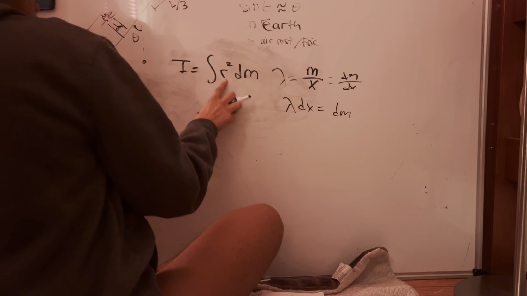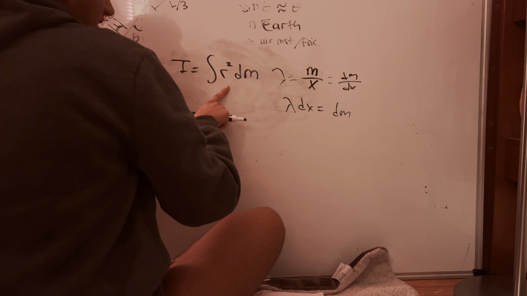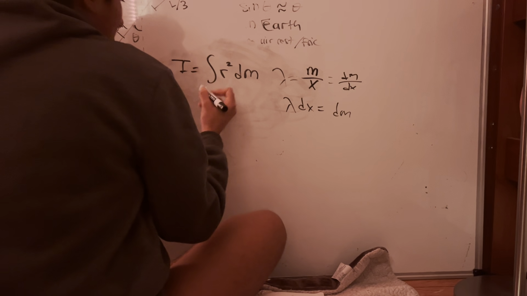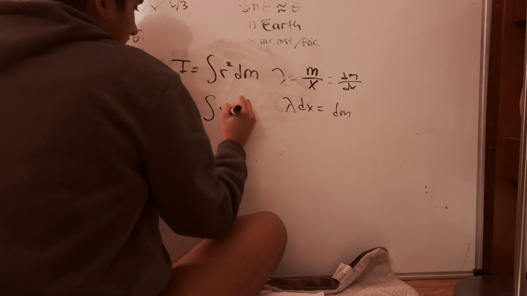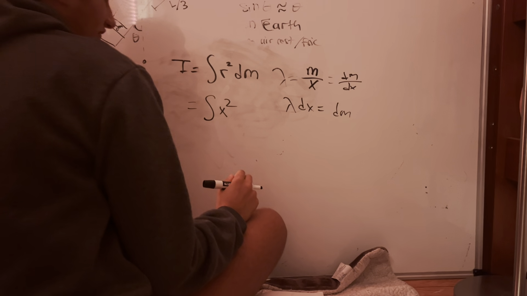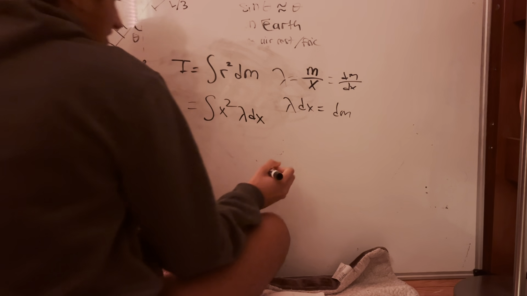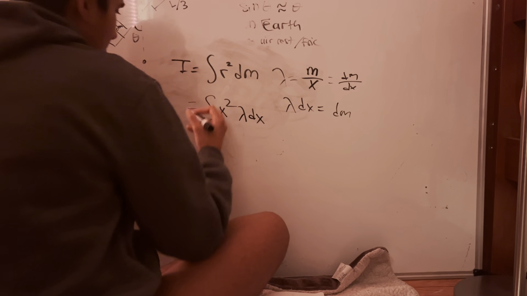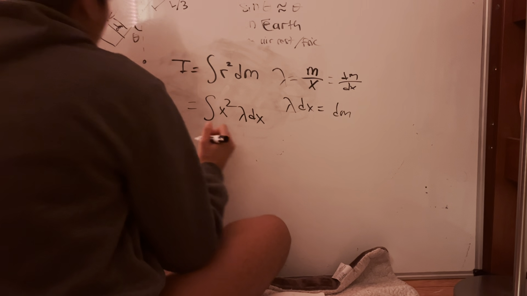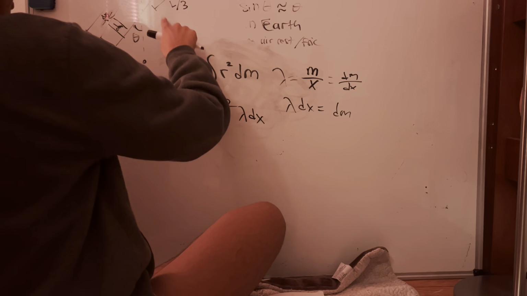Now r is in terms of x, right? Because r is just our length. And so what we can say is this is equal to x squared, where x will be our variable for length, is equal to lambda dx. Integrating this, our bounds of integration are going to be over the entire length of the rod, right?